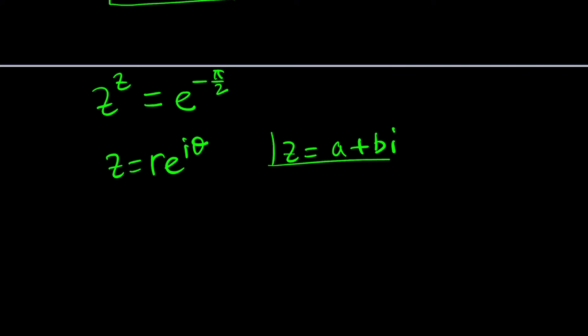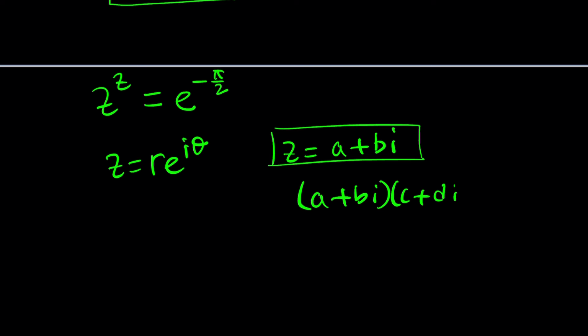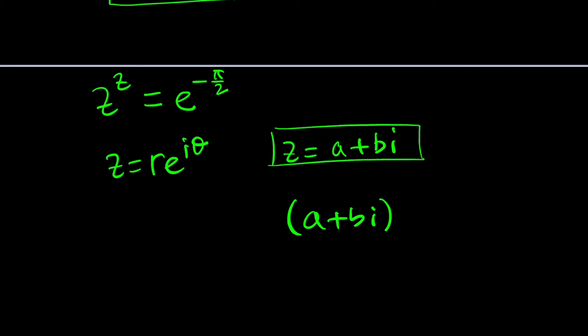These are different representations of a complex number. This one doesn't seem very helpful, because what is a plus bi to the power a plus bi? That's going to be pretty complicated, even though in one of the videos, I think, we came up with a formula for something like this. And you can look it up. I don't know where it is. I've done quite a few problems. But if somebody can find that problem, that would be really awesome. I made a video about raising a complex number to another complex power.